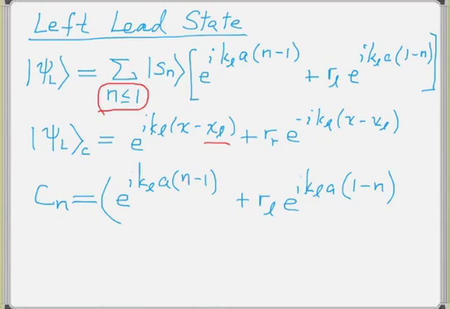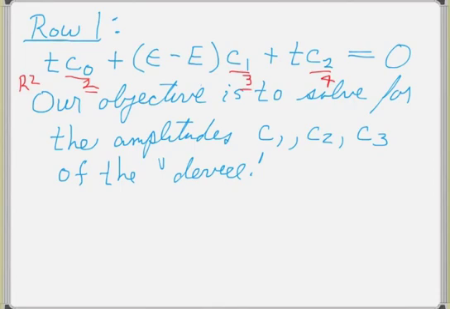What we want to do is use this known form for the C in the lead to somehow write C0 in terms of C1.